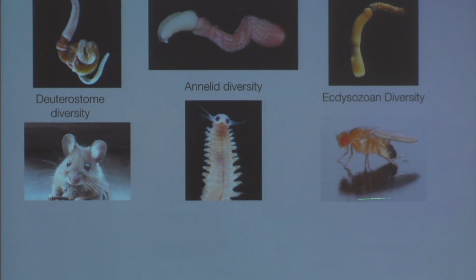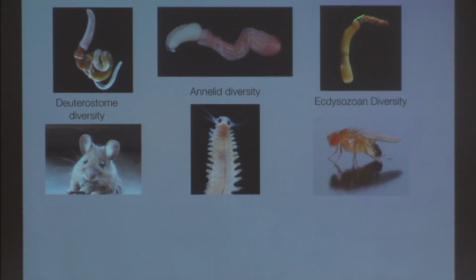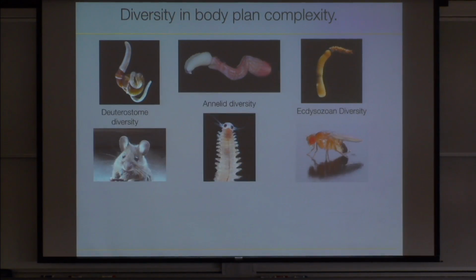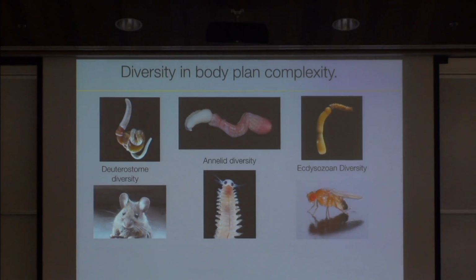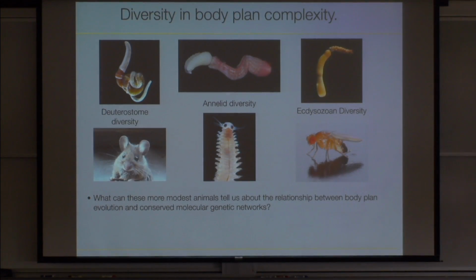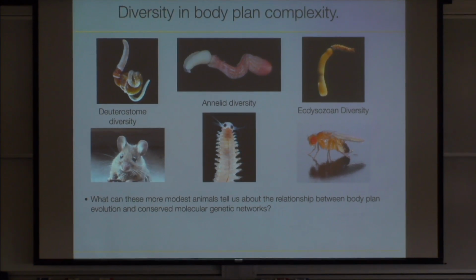And then if you look at other ecdysozoans that are in the same clade as Drosophila, you can see this priapulid here with very little of the kinds of specializations that have been used to study and reconstruct early evolution of animals. So the question that we're interested in is, what can these more modest animals tell us about the relationship between body plan evolution and conserved molecular genetic networks?